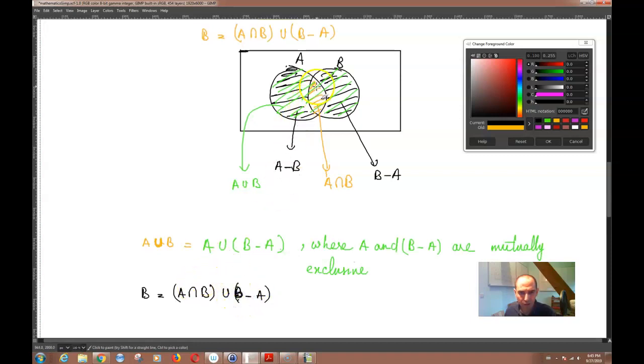So this is A intersection B, this is B minus A. So when you put them together, you'll get B, of course. Where A intersection B and B minus A are mutually exclusive.